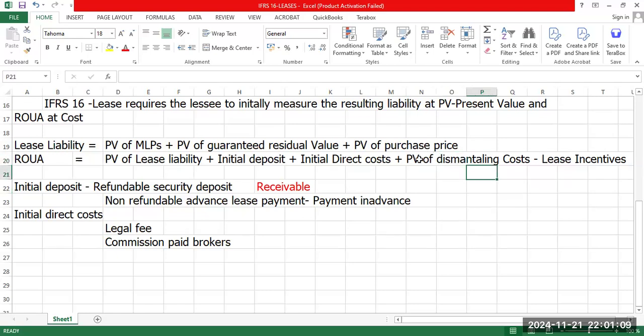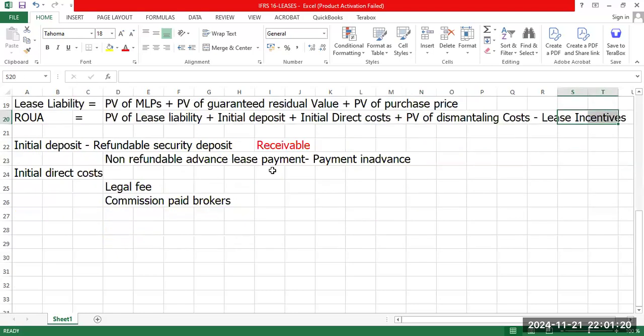But as we are saying here, you need to look for the present value. Then lease incentives, you know them. Talk about reimbursement. If there is a reimbursement, if maybe you paid.